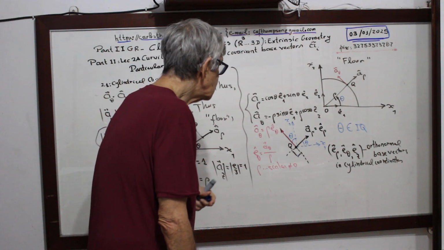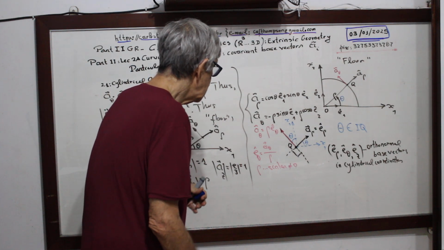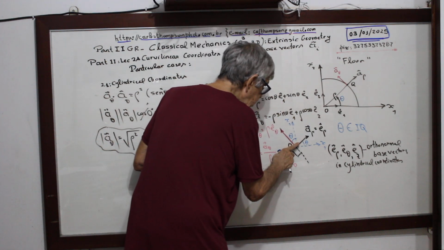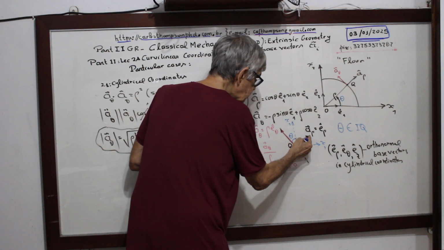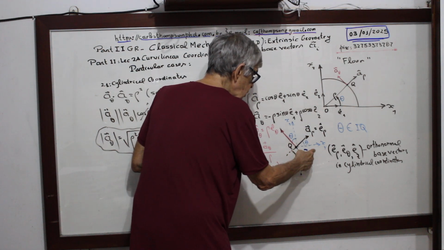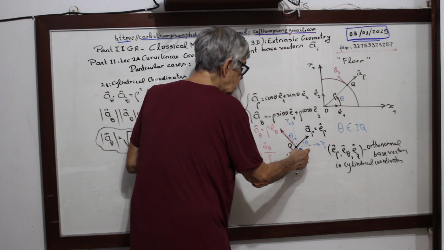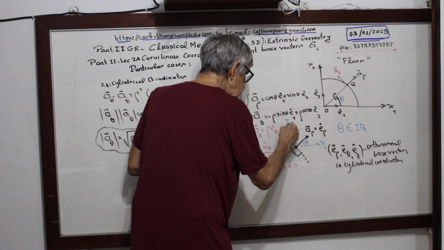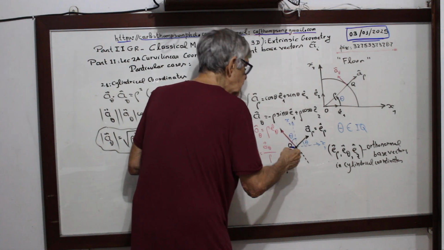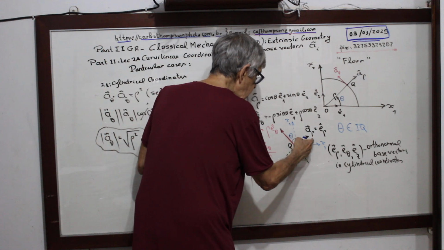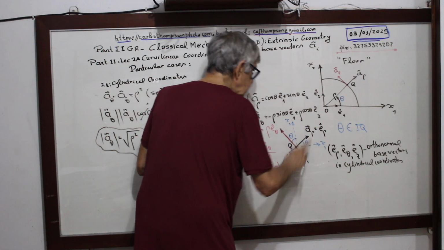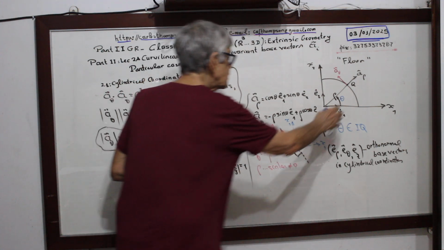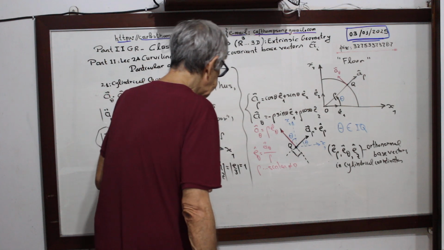Now, theta belongs to the first quadrant. But for a rho, the arrow points this way because if you project a rho over x1, this will be cosine, positive. And also if you project a rho in the y direction, or x2 direction, it will always be positive. That's why a rho points in this direction, but a theta points in this direction. Okay, that's as shown in this figure here.